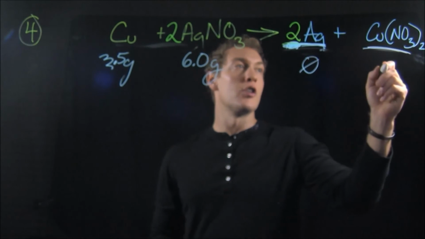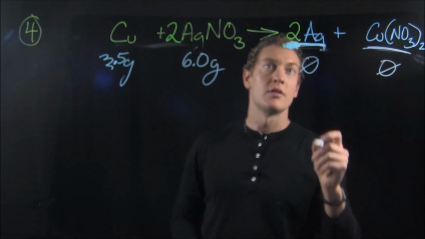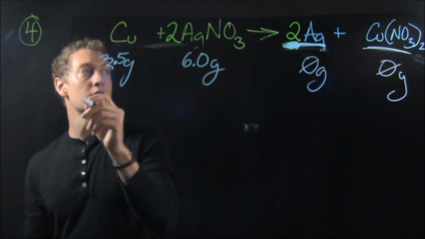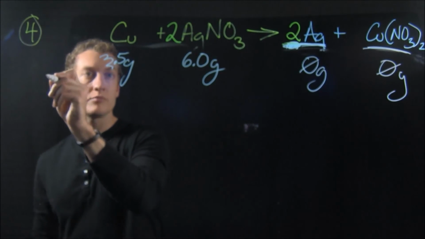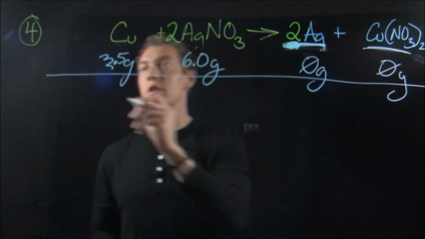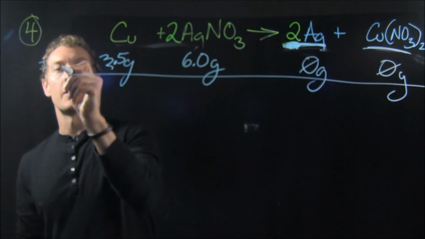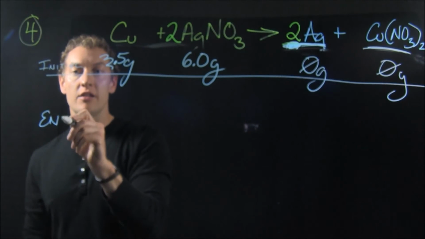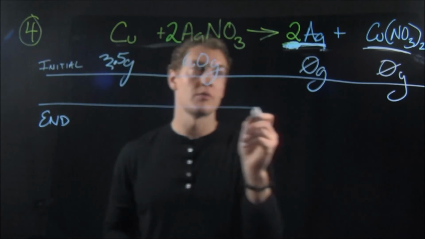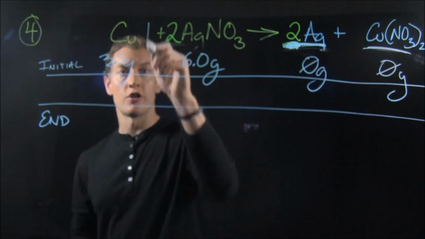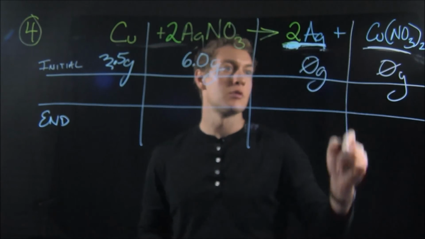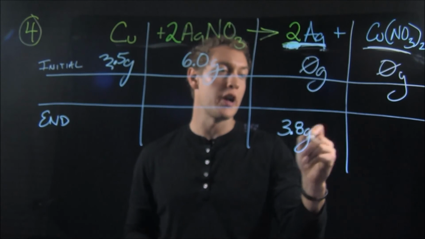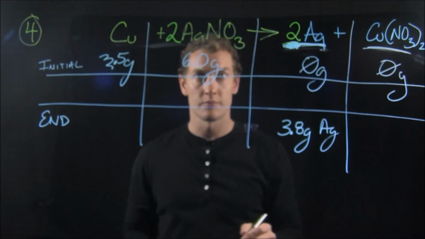Initially, we had 0 silver and 0 copper nitrate. So those are all of our initial amounts. When we end this process, we just saw that we would create 3.8 grams of silver.